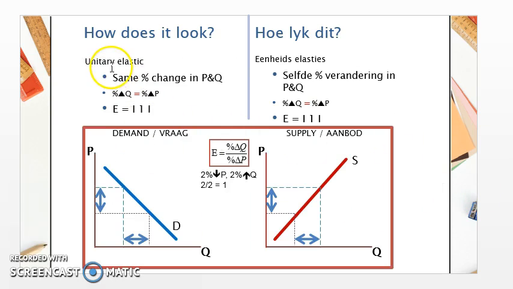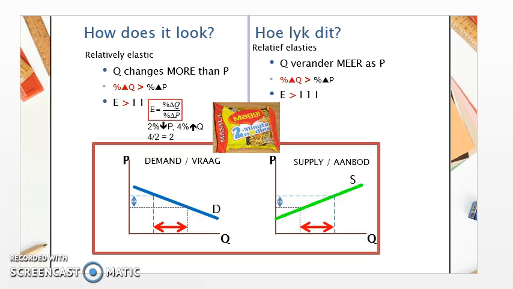A unitary elasticity, okay, so the same percentage change in price will be the exact same percentage change in quantity. So those two are the same, so it's 10% and 10%, 5% and 5%, and the value will always be 1. Relative elastic means the percentage change in price is relatively smaller than the percentage change in quantity.